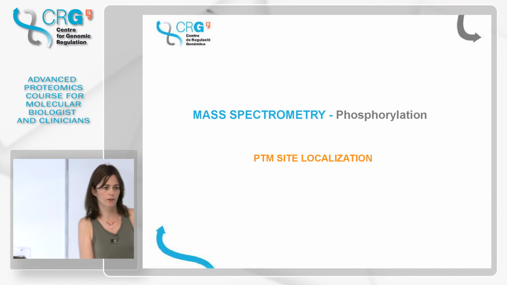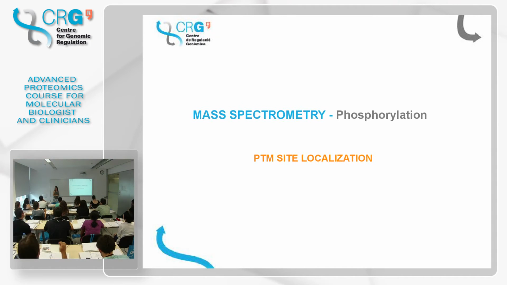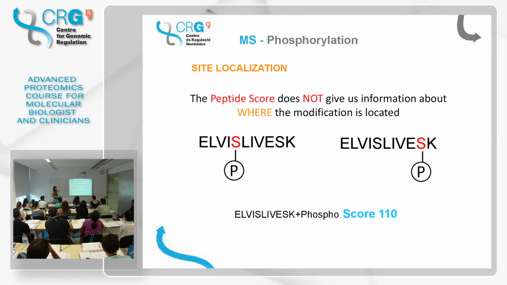Okay, so another of the important points in modifications is to know which is the exact residue that was modified. Okay, so PTM site localization. We have been talking about peptide scores, Christian told you, and yesterday you also saw that when we do a search in the database, we get a score.